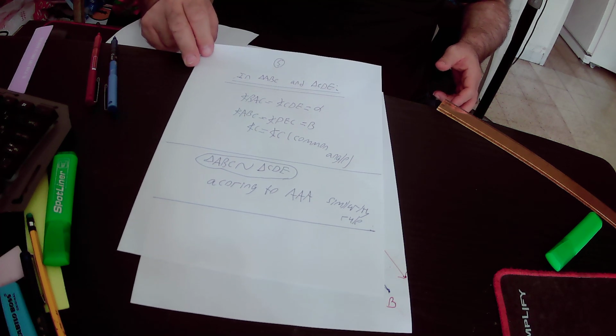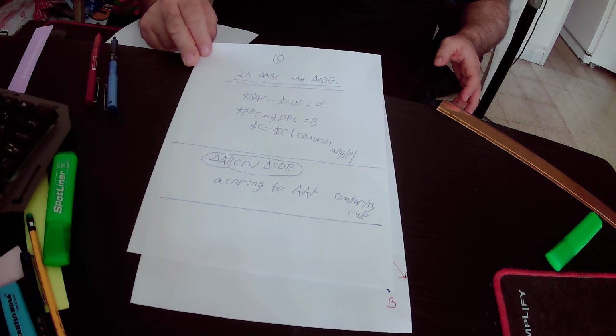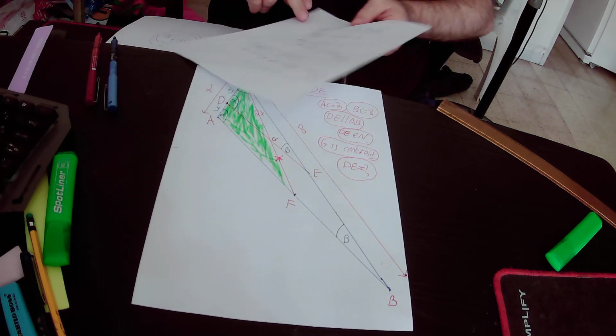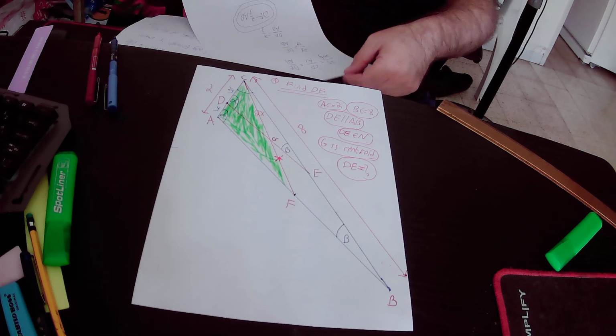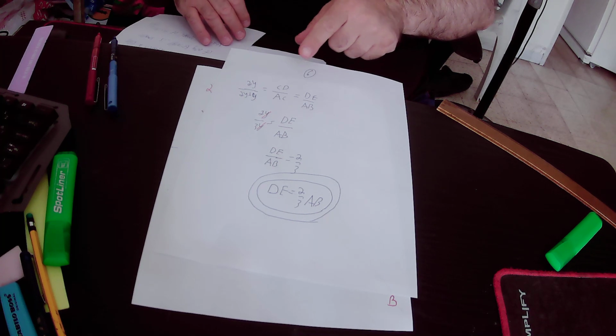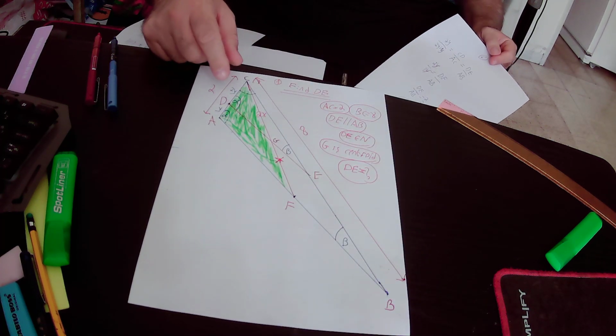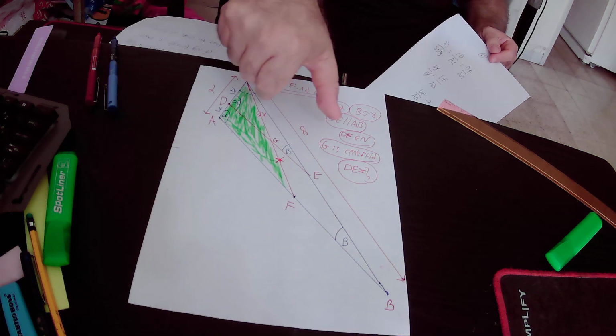So from the fact that triangle ABC is similar to triangle CDE, we can conclude that the following relationship exists between the sides of the two triangles. That is to say, CD over AC equals DE over AB.